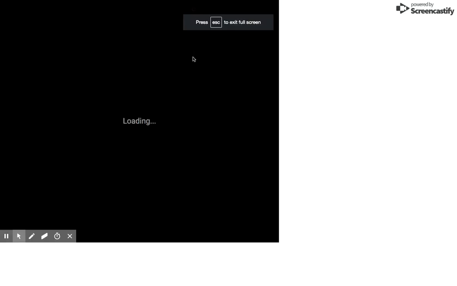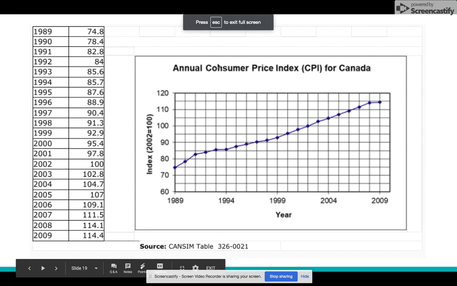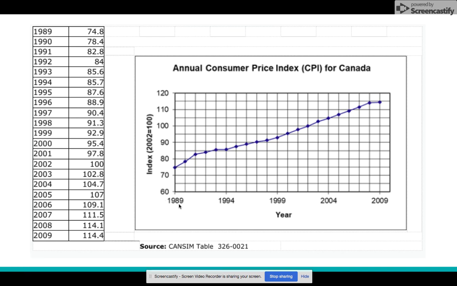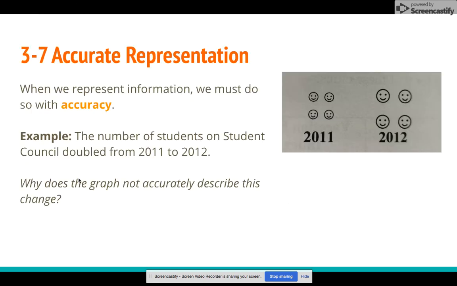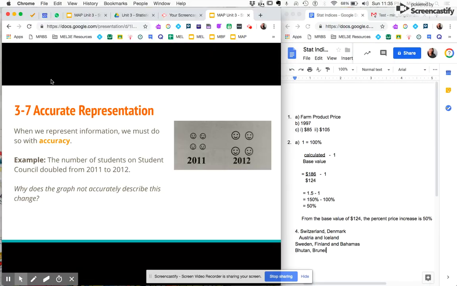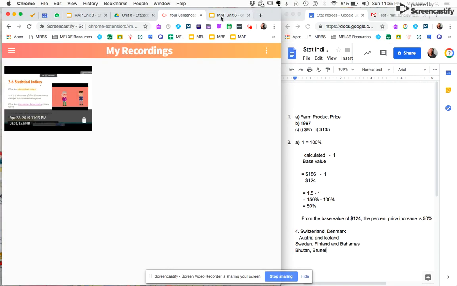I'm just going to blow that up a little bit. You will be using that to answer this question. Again, base year is not by the origin. It is not 1989. It is, in this case, 2002. There is also a chart on the left-hand side, which will make it a little bit easier to read it.